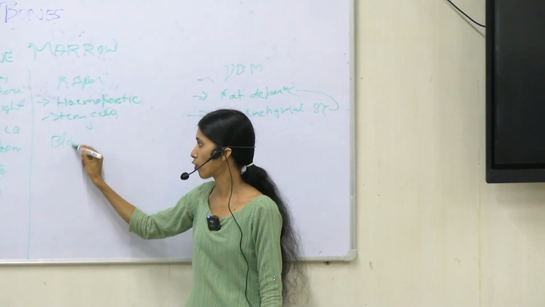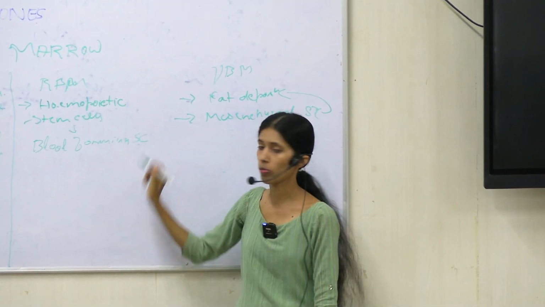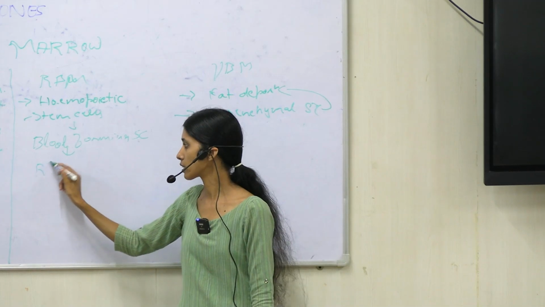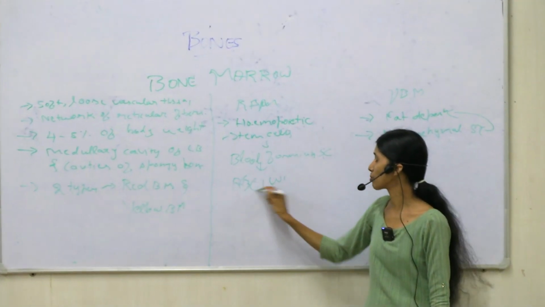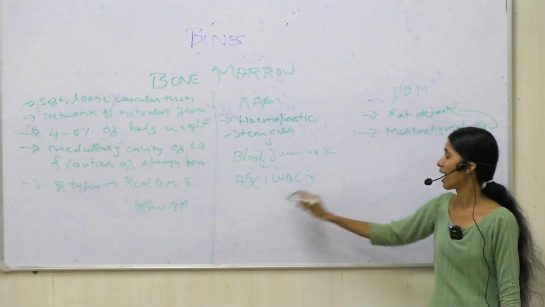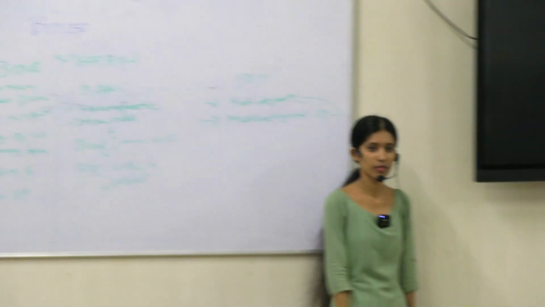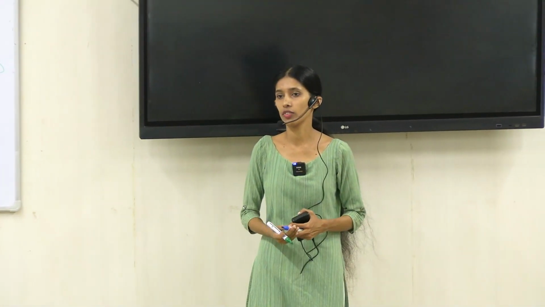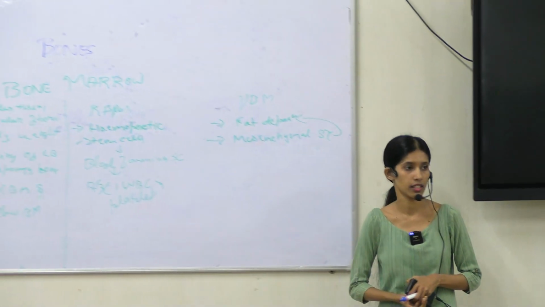They will differentiate into RBC, WBC and platelets.